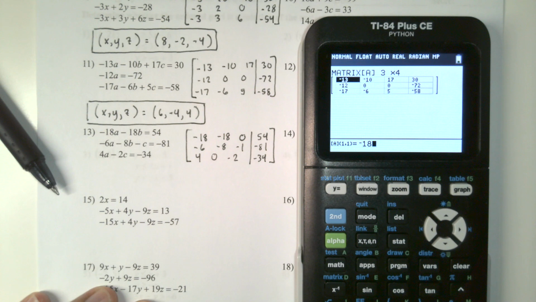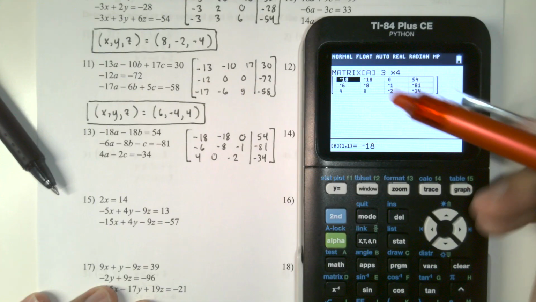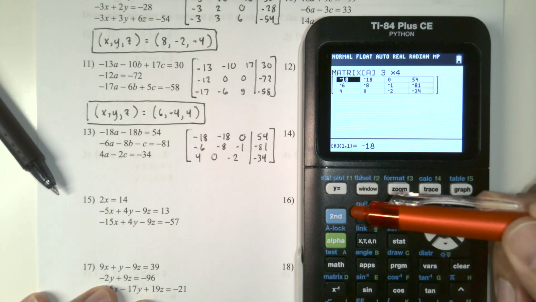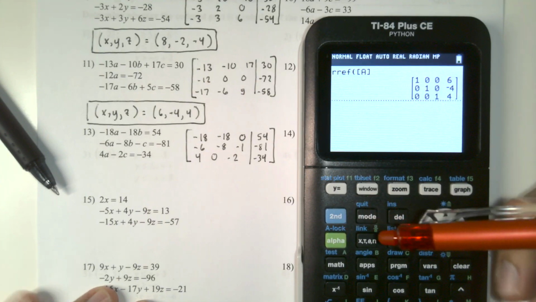So we have negative 18, negative 18, 0, 54, negative 6, negative 8, negative 1, negative 81, 4, 0, negative 2, negative 34. I've finished overwriting each of these, so I'm going to quit. So I'll do second mode.